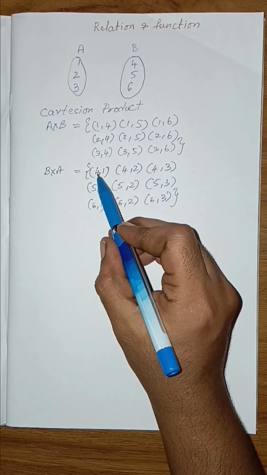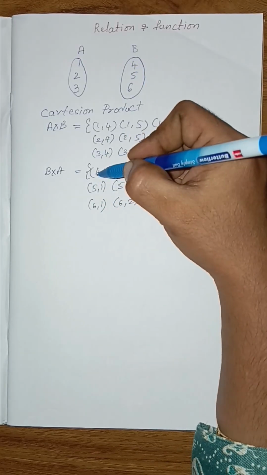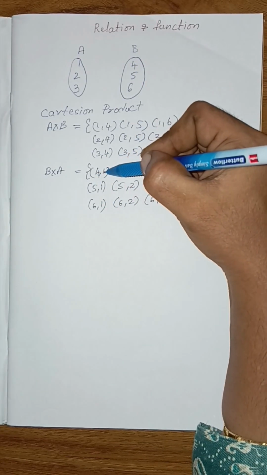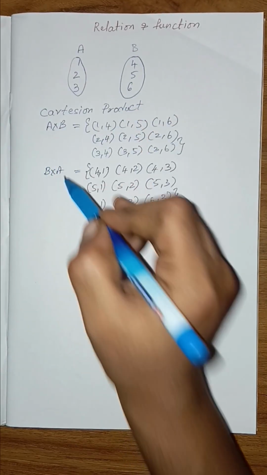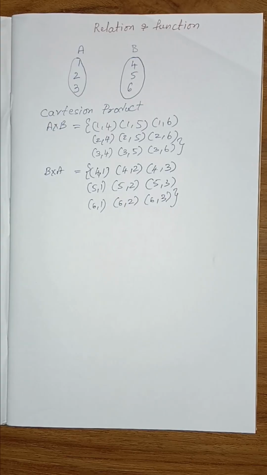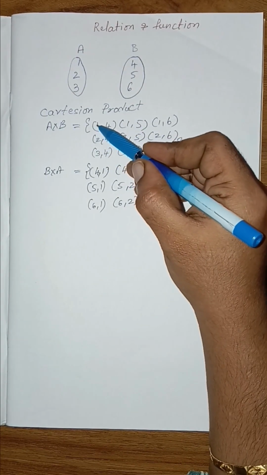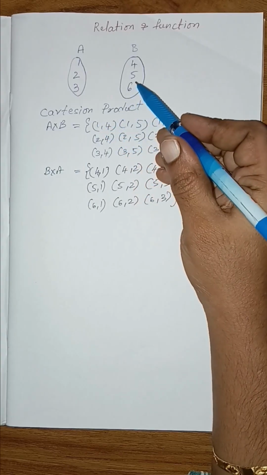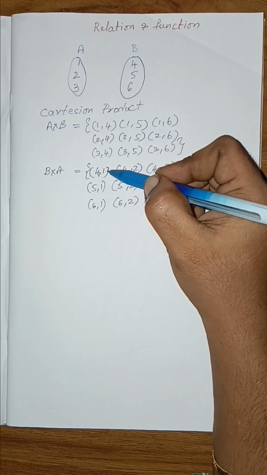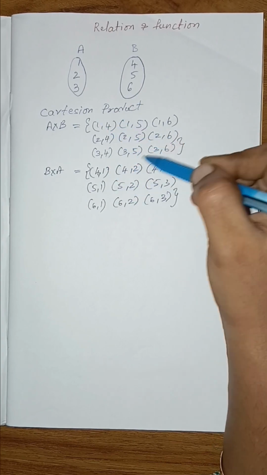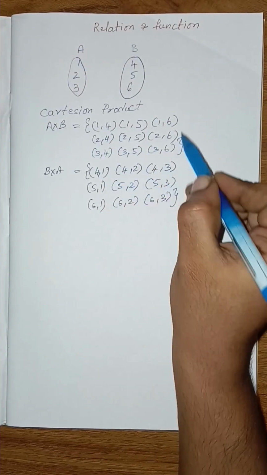But you can see the first element belongs to set B and the second element belongs to set A. And you can see A cross B and B cross A is not same. In A cross B the first element is from A and the second element is from B. The same way in B cross A, the first element is from B and the second element is from A. They are not same.